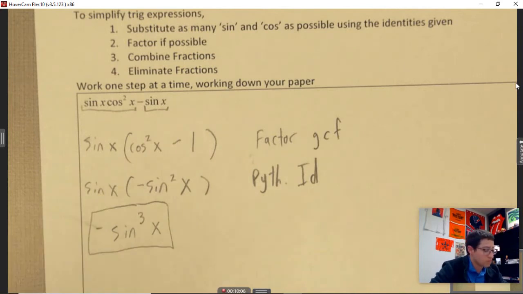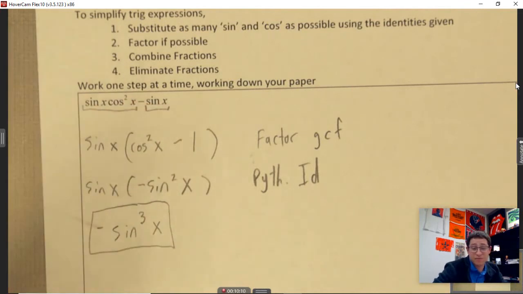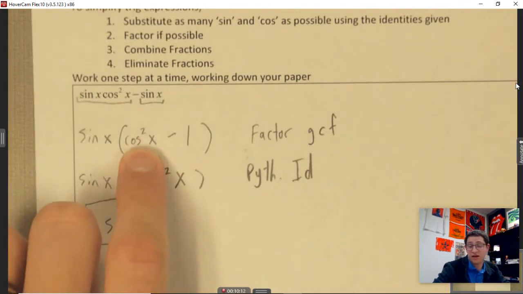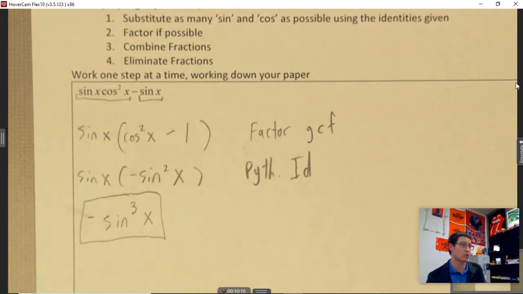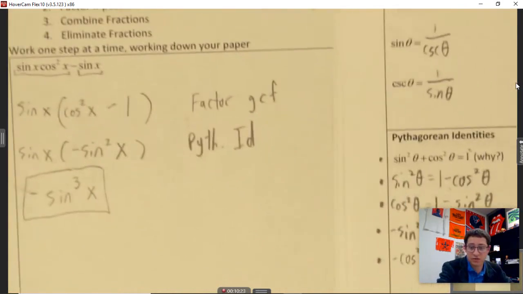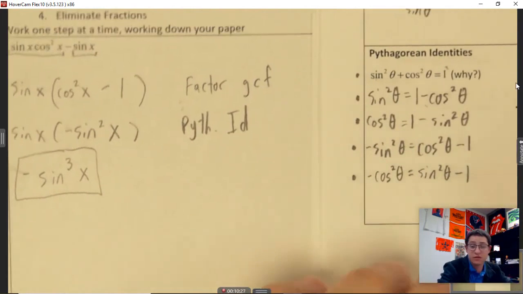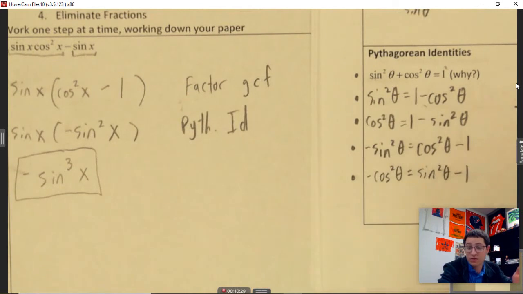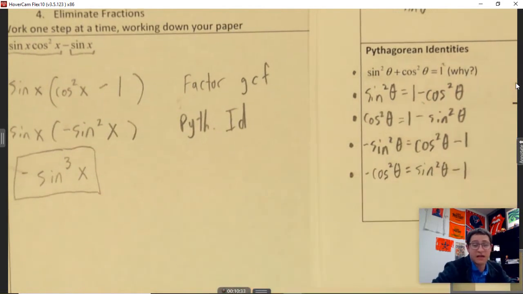But quickly on this one, I noticed that there was a sine here and a sine here, so I'm going to factor that out. And then my brain is like, okay, when I see cosine squared or sine squared or 1, I just jump to the Pythagorean identities. Truth is I don't actually know these, because of the way we have this course set up, I'm giving you these, so you're going to be able to have these handy to use.